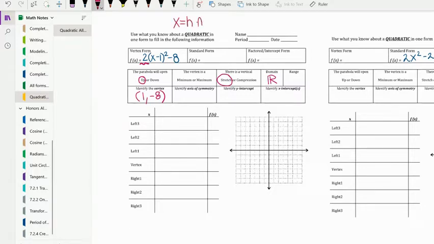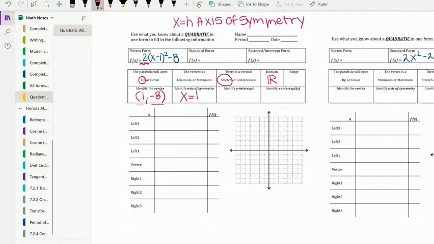X equals h is the axis of symmetry. So it's a line that divides the parabola in half. So h, remember, in your vertex, this is h, and that is k. So it will be x equals 1.